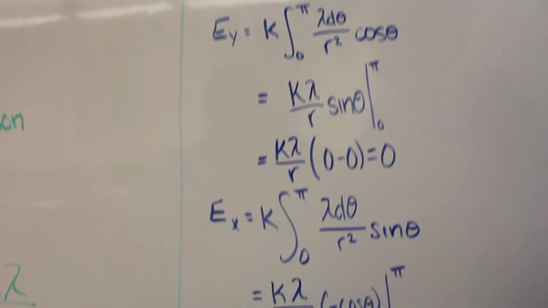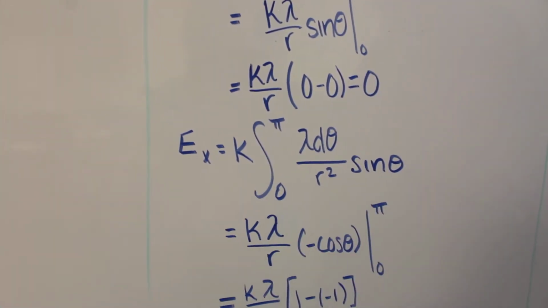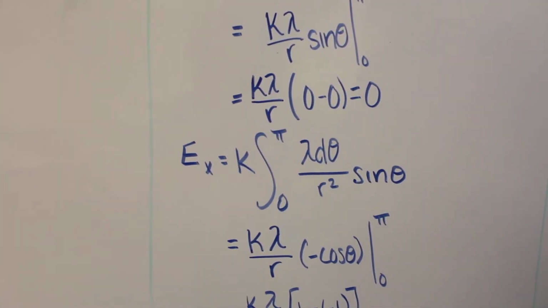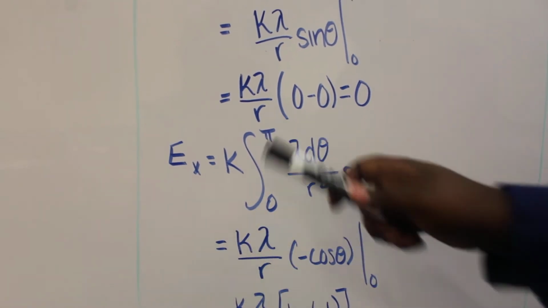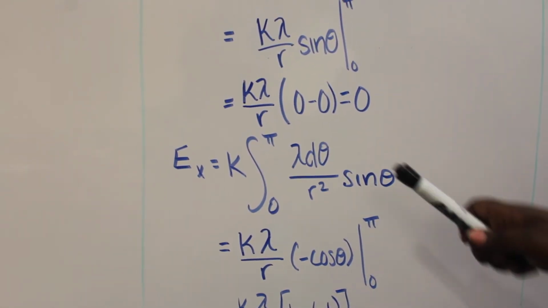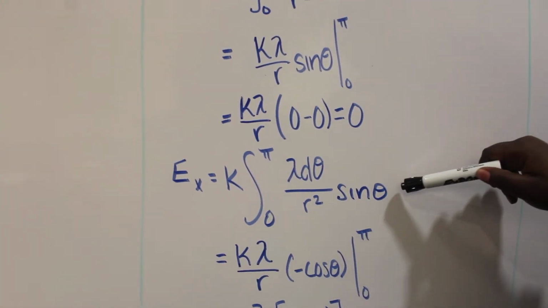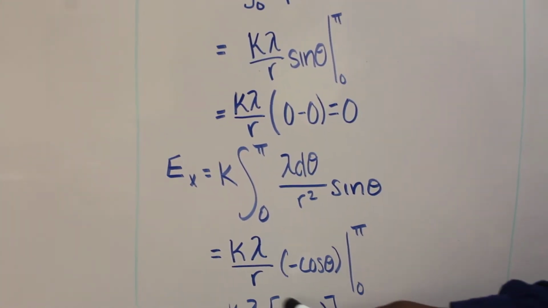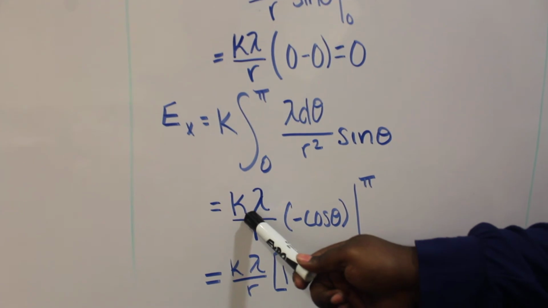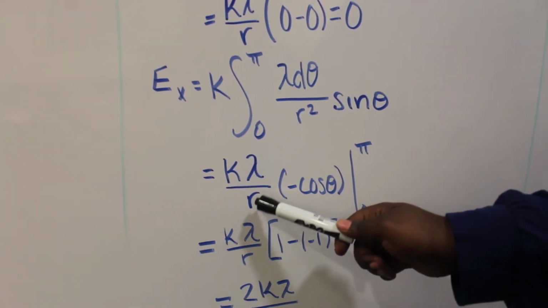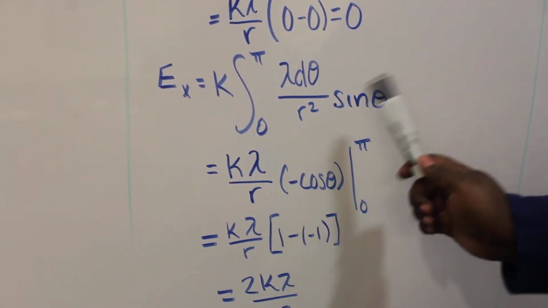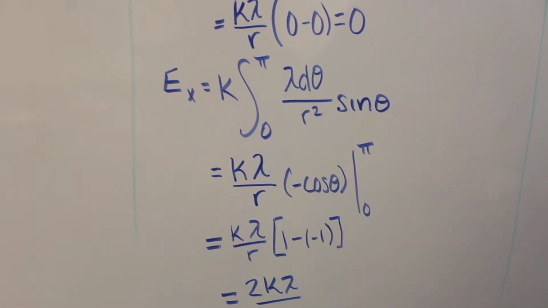For our x component, again, I just put k here for the 1 over 4 pi epsilon naught. We're still integrating from 0 to pi. Our lambda d theta over r squared times sine of theta. When we integrate, we have k times lambda over r. The integral of sine is negative cosine of theta.